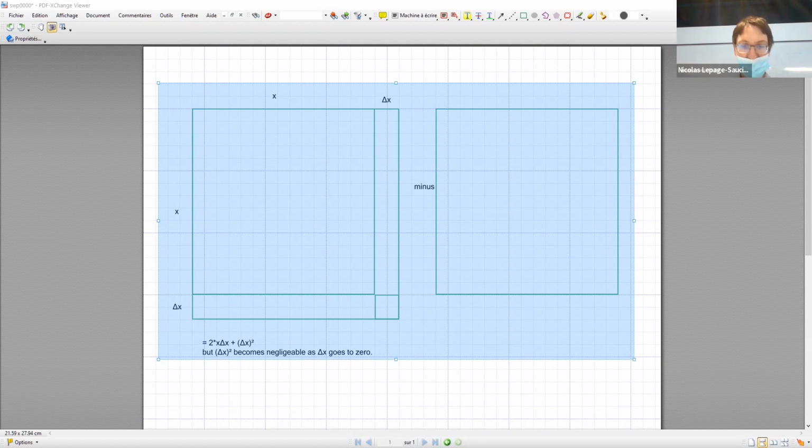Just to verify. Please just give me the formula. Binomial theorem. Yeah, here it is.